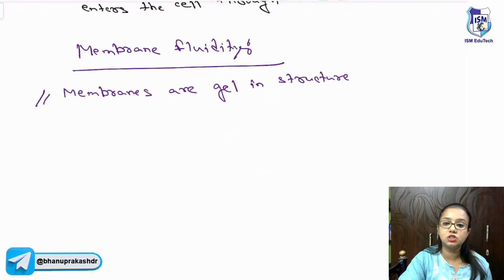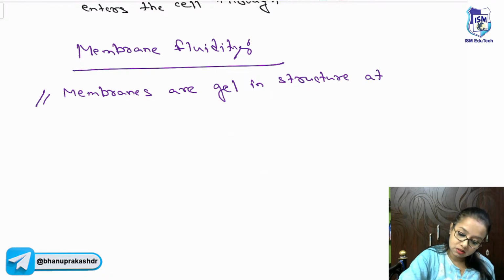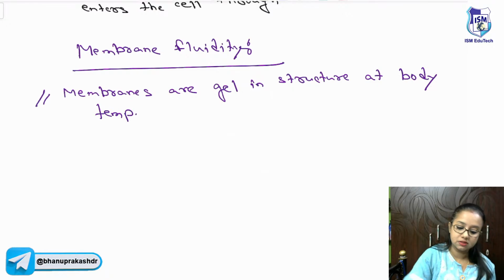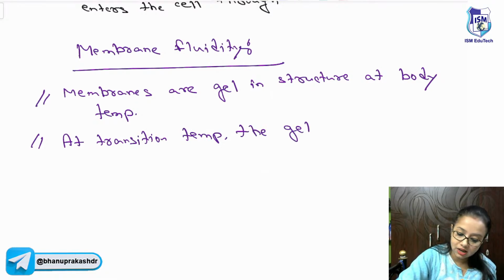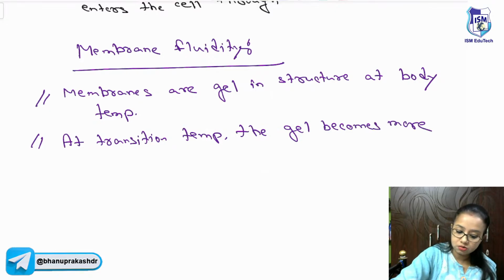These membranes are jelly-like structure, gel in structure at body temperature. Now, there is a temperature which is called the transition temperature. At transition temperature, the gel becomes more fluid and vice versa.